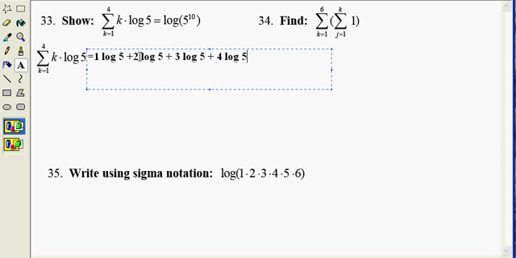The important thing, though, is if I have 1 of them, and I have 2 more of them, and I have 3 more of them, and I have 4 more of them, then I have a total of, let's see, 1 plus 2 is 3 of these log 5 things, plus 3 more is 6, plus 4 more is 10 of those log 5 things. Now, I guess that's not really a log property, so we're really only going to use 1 log property here.